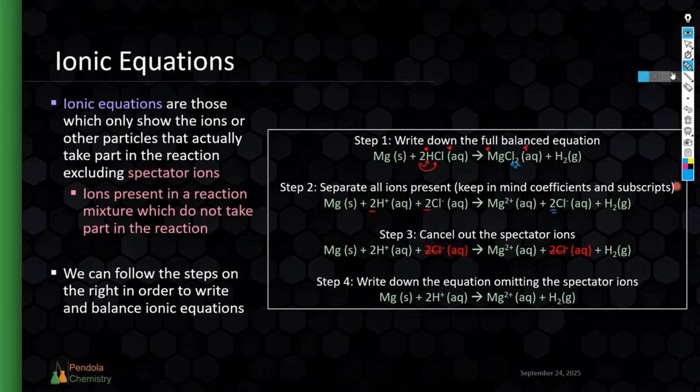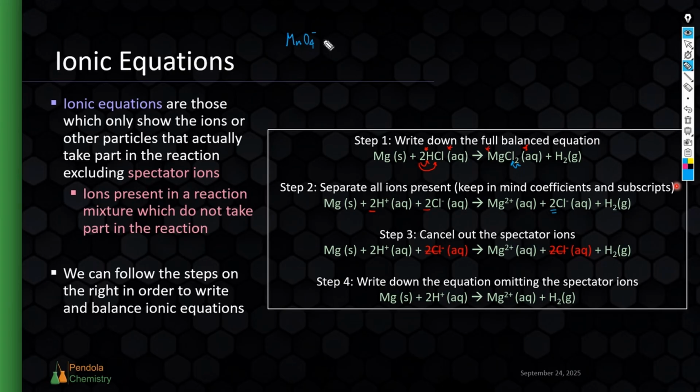Now, a lot of the time you won't have to come up with ionic equations. There are going to be some questions once in a while that ask you for that. But for the most part, what you need to be able to do is look at the equation and understand the context. For example, the reaction between permanganate and iron is as follows.